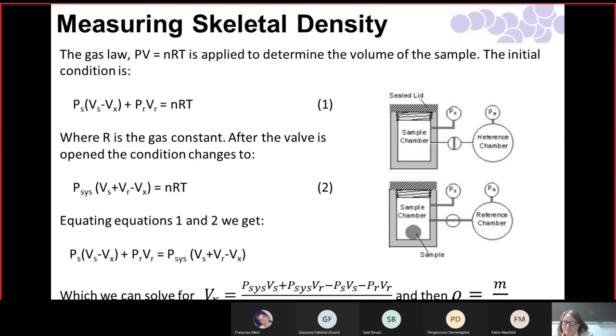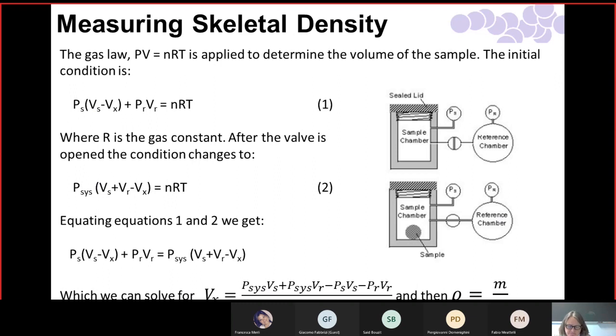And so this way we can calculate what that actual volume is. And it takes a while to do this. You have to wait for the system to equilibrate and for the reference chamber pressure to infiltrate into that sample. But once you get that, the pycnometer measures the volume.